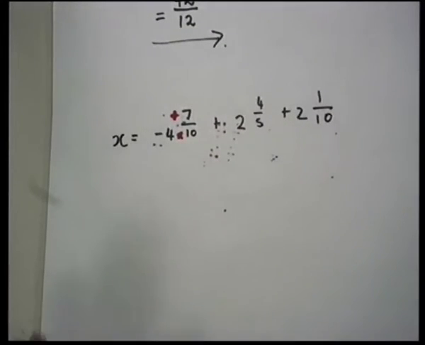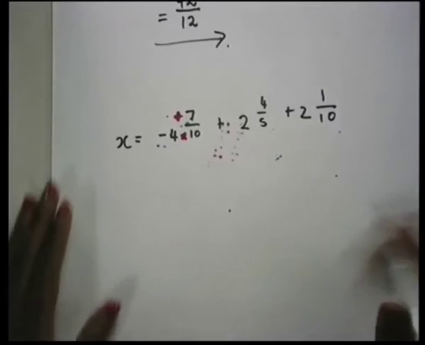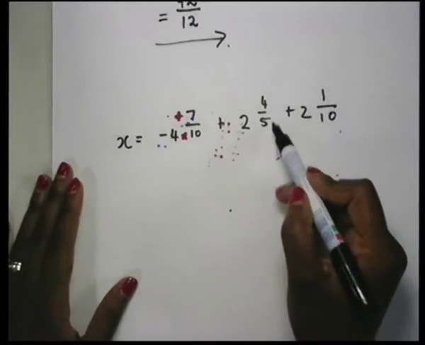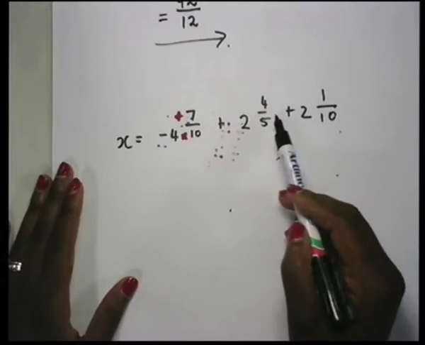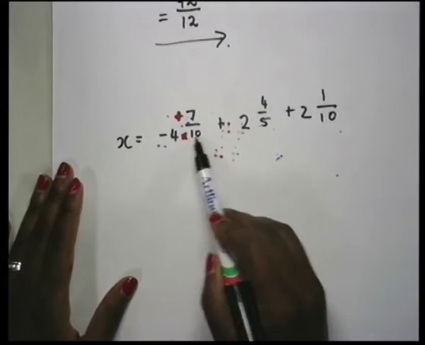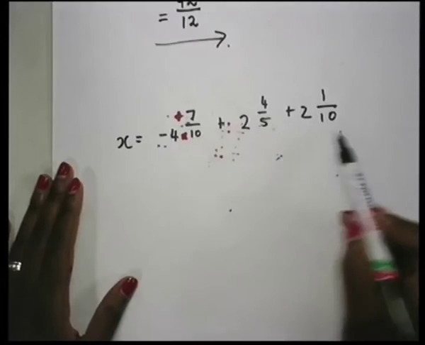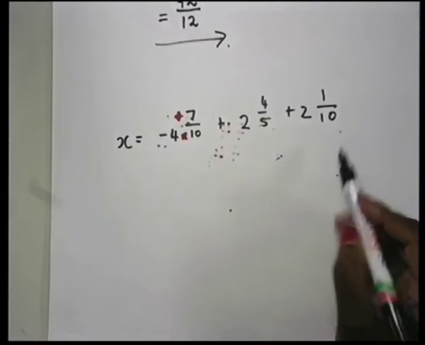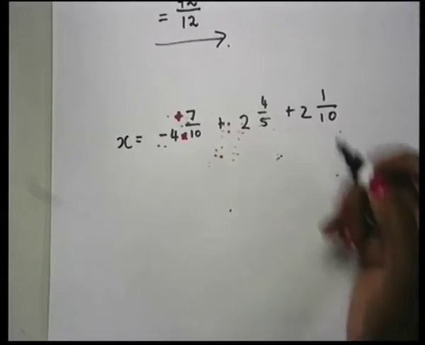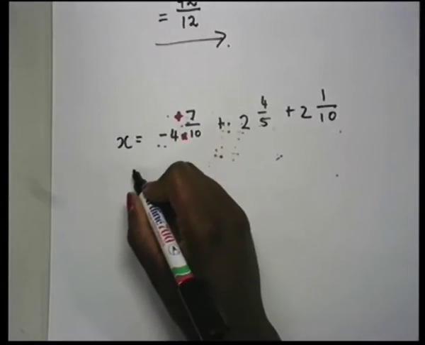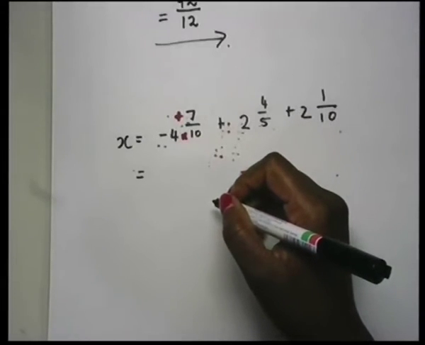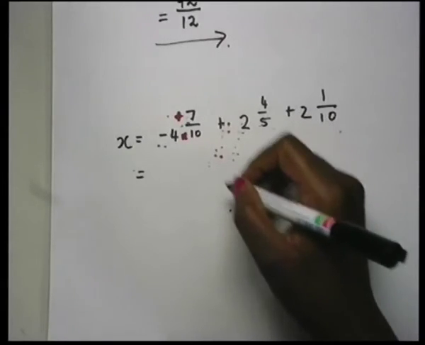But before we even get there, we need to make sure that all the denominators are the same. In this case, we see that we have a difference here. We have a 5, while in all the other fractions we have 10s. But anyways, we're going to first do the conversion to an improper fraction.